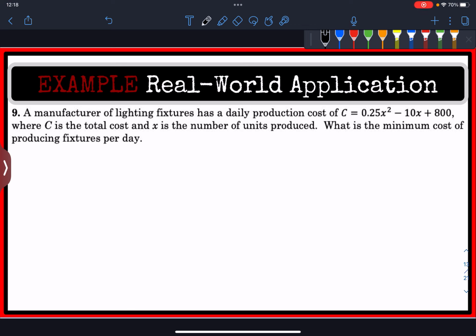So let's figure out the minimum cost of producing X fixtures per day. So let's first figure out how many they have to produce. So that would be X is equal to negative B divided by 2A. And since our B is negative 10, we have negative 10 in our numerator, and 2 times 0.25.